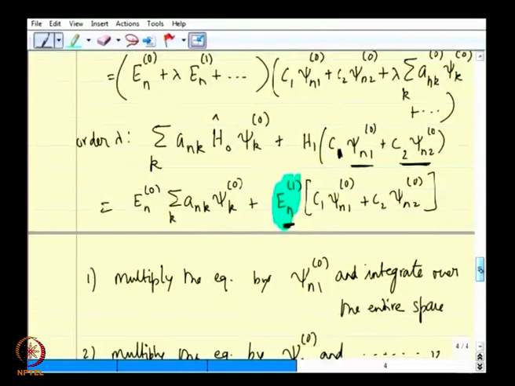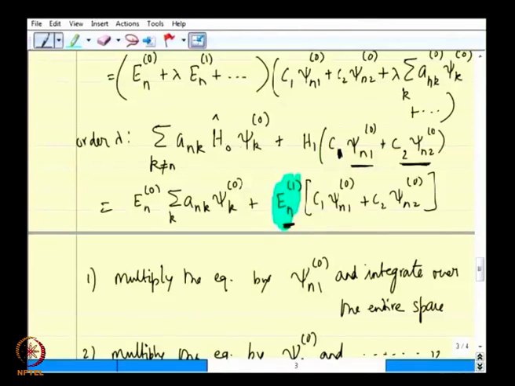I am going to tell you without writing things down. Please remember, H naught on psi k 0 gives you E k 0 times psi k 0, but this wave function is k not equal to n. Therefore, if I multiply on the left hand side by the n1 or n2, both of which correspond to a different zero order energy, and I integrate, this term will vanish.